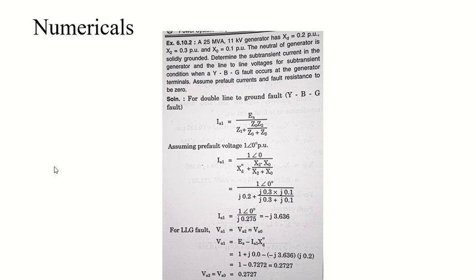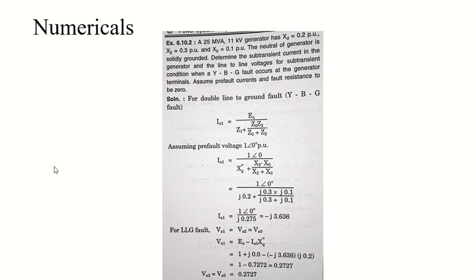The neutral of the generator is solidly grounded, and we have to determine the subtransient current in the generator and the line to line voltages for subtransient conditions when a YBG fault occurs at the generator terminals, and we have to assume pre-fault current and fault resistance to be zero.